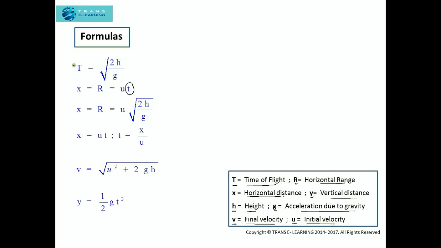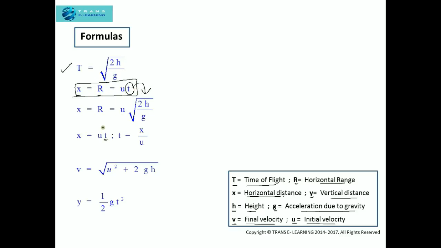So if we need to find the time of flight, then the formula is T equals square root of 2h upon g. If we need to find the horizontal distance or the horizontal range, then we can use u into T. Or if we substitute the value of the time of flight in this equation, then it becomes u square root of 2h upon g. And if we need to find the time of flight, we can find it using this equation also.